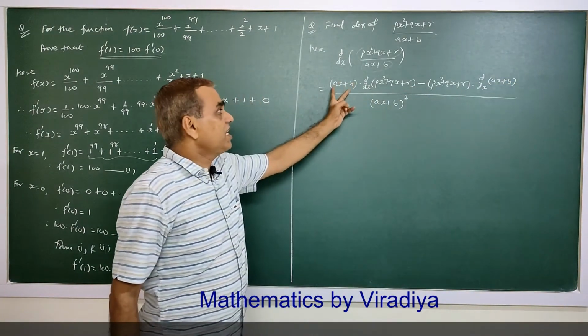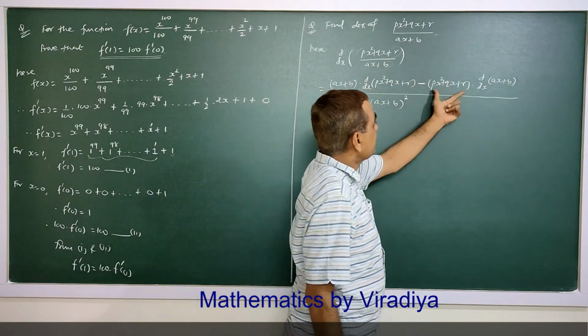V square, v as it is, derivative of u, minus u as it is, derivative of v.